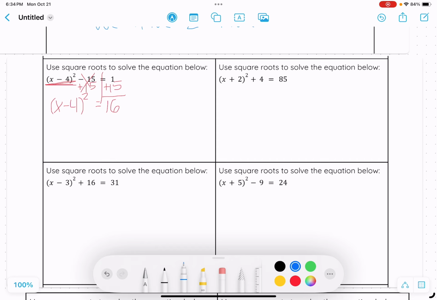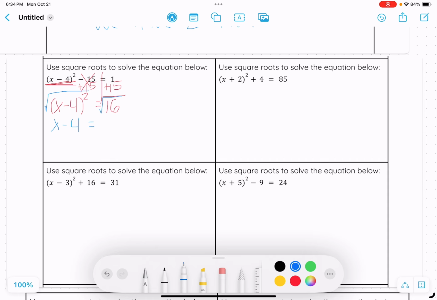So we can go ahead and take the square root of both sides. What we do to one side, we have to do to the other. That's the rule with equations and with life, I suppose. So when we take the square root of this side, we're going to end up with just x minus 4.